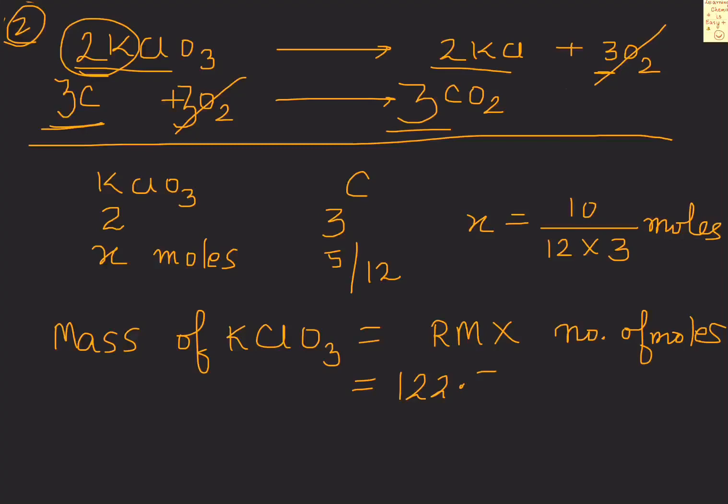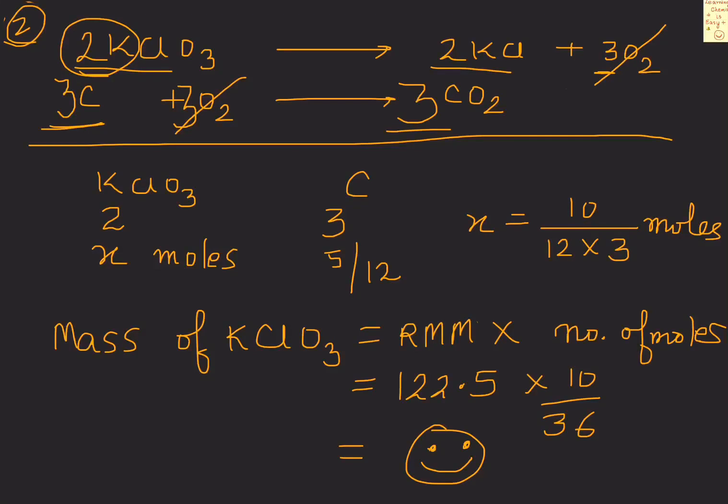If you are doing it by this method, you have to show the calculation of RMM. Sorry, I missed out one M over here. So, RMM into number of moles, which is 10 by 36, and our answer, very good, the same as the previous one.